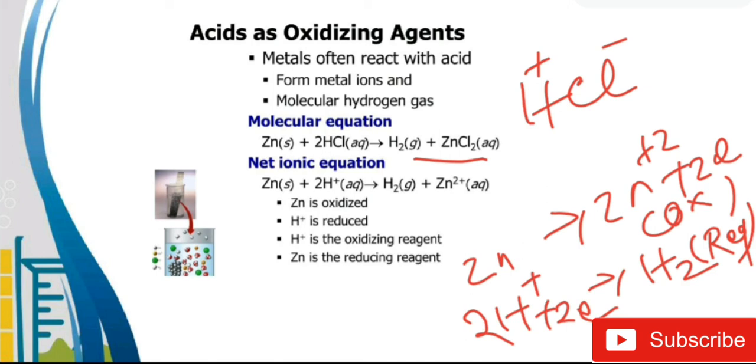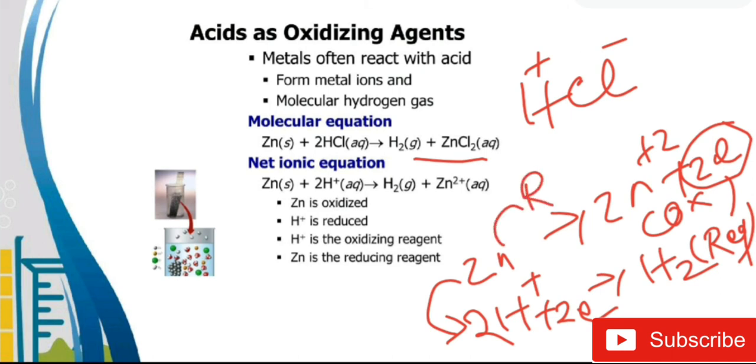So in this type of reaction you can see zinc lost the electron, and that electron is gained by the hydrogen. So zinc acts as a reducing agent because it helps the hydrogen ion to reduce.